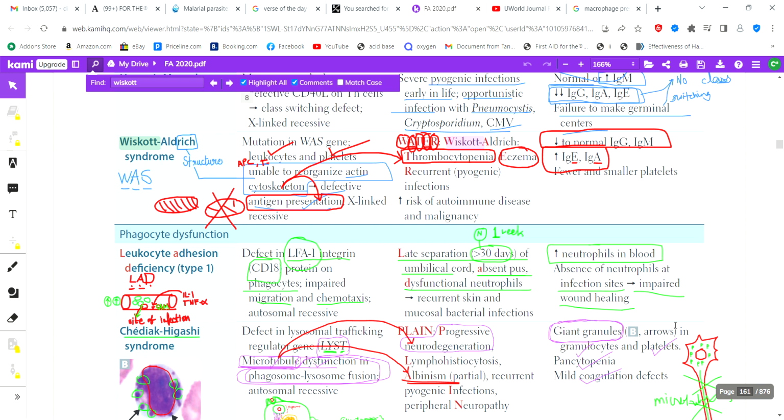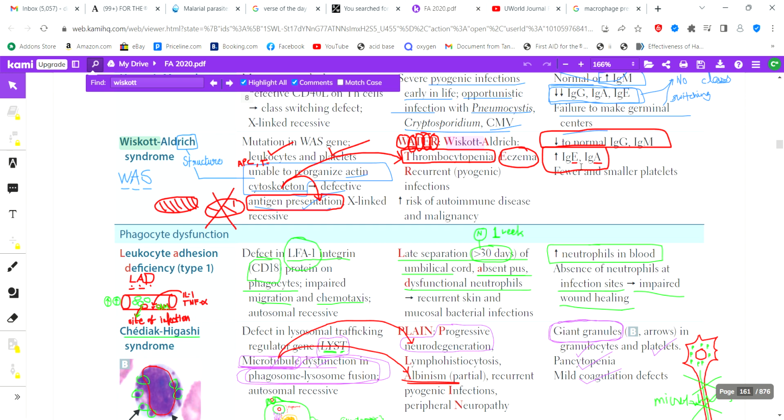I guess the way to remember this, see this Wiskott-Aldrich syndrome. The way to remember which IGs are up in this, you have to think of somebody rich like Elon Musk.